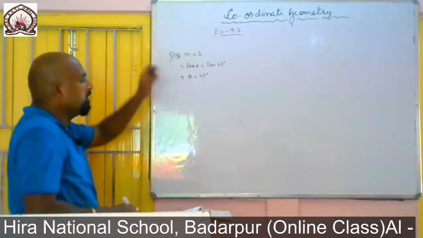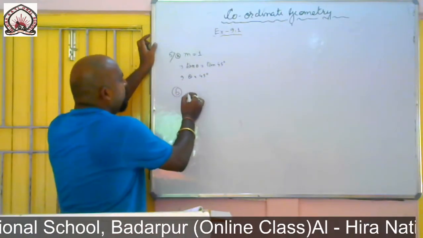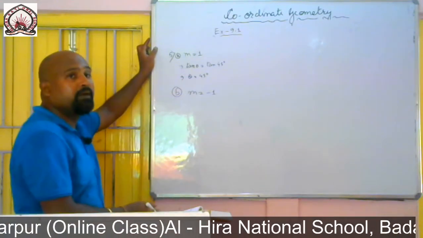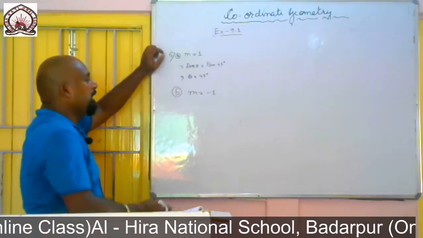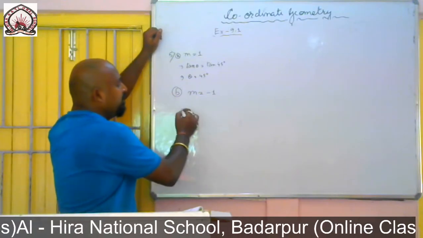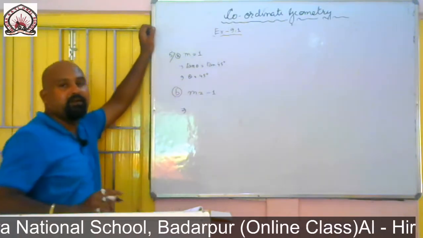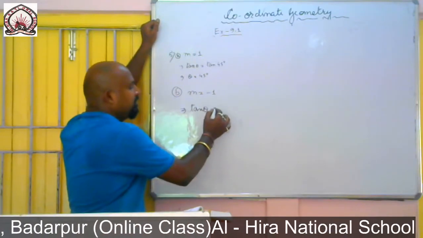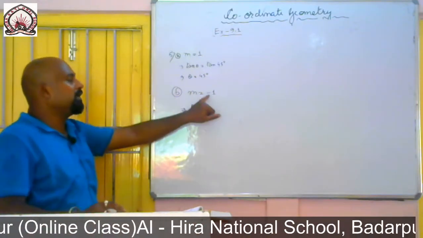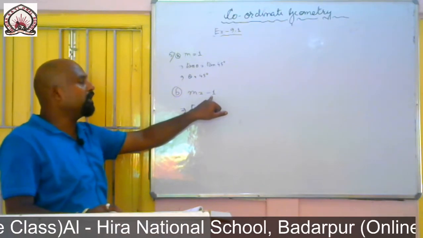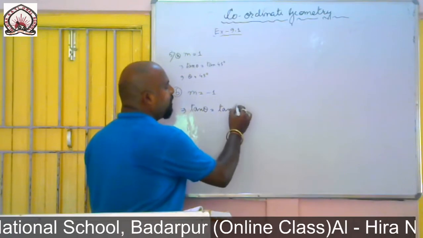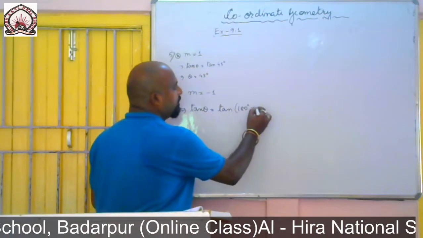Now let us consider part B. They have given m equal to minus 1. We know the gradient of the line m equals tan of the angle theta. Now minus 1 equals tan of 180 minus 45 degree.